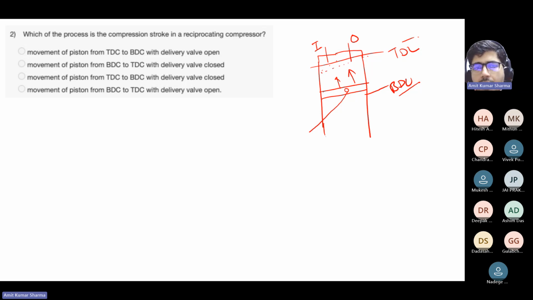So the gas that is present in this volume will now be present in a smaller volume. The pressure will increase. So for the compression stroke, it is the movement of piston from BDC to TDC with the delivery valve closed.